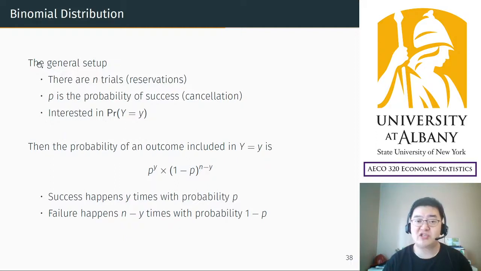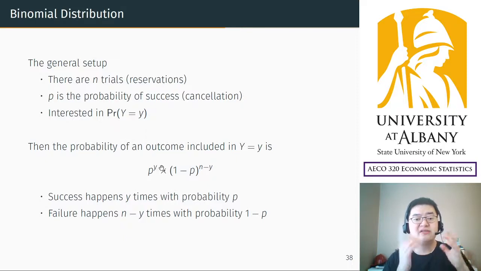So in this general setup, the probability of a single outcome included in this event can be summarized in this way. The probability of success is multiplied y times, because I'm asking you the probability that the number of successes equals y. So success happened y times.